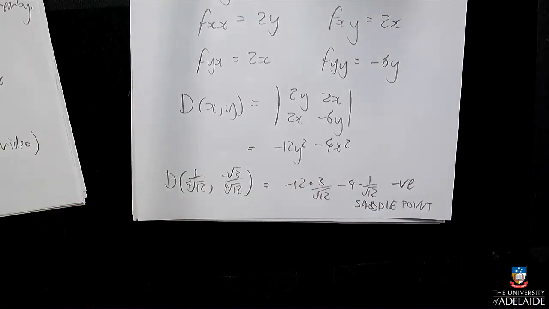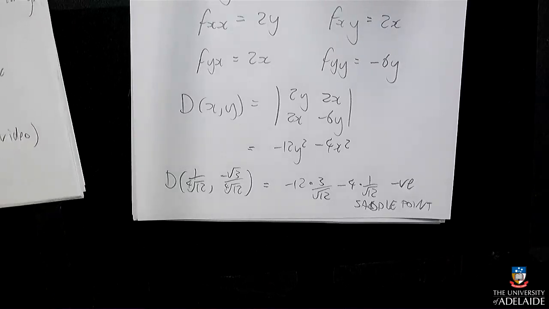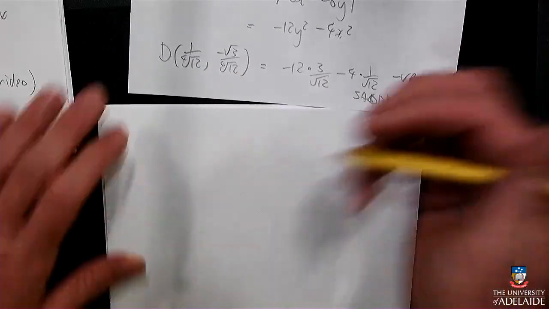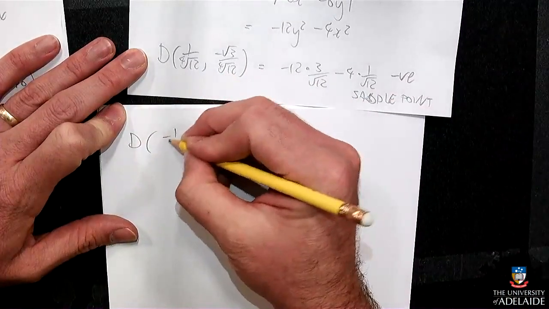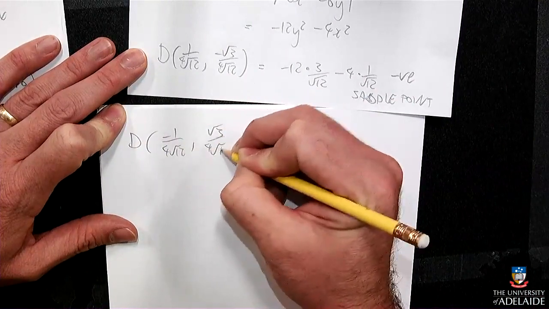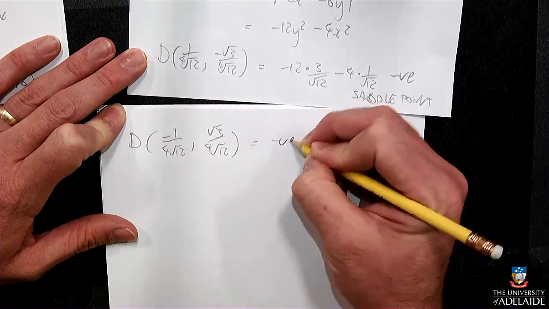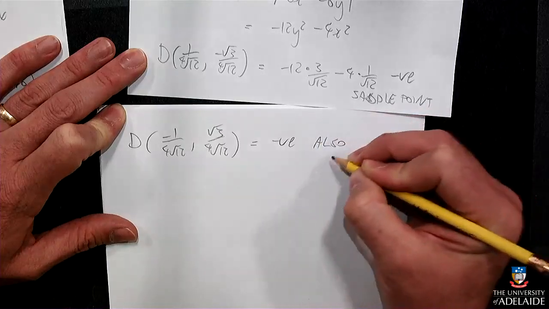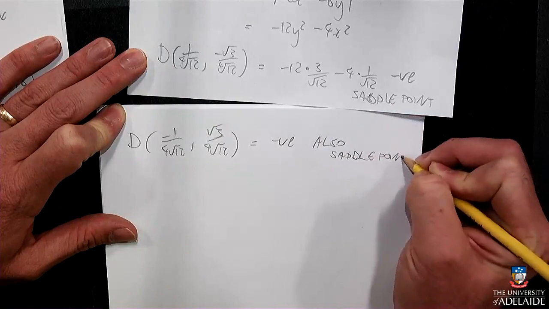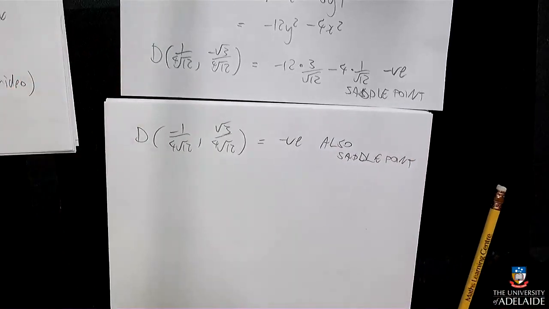Because I got minus something, minus another thing. So this function doesn't have any local maximums or minimums, it just has 2 saddle points.